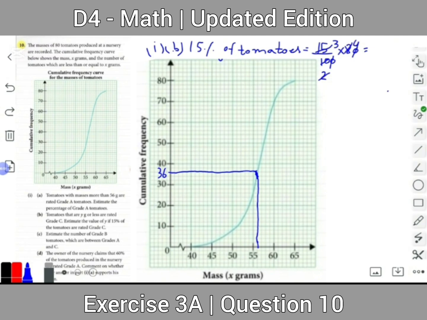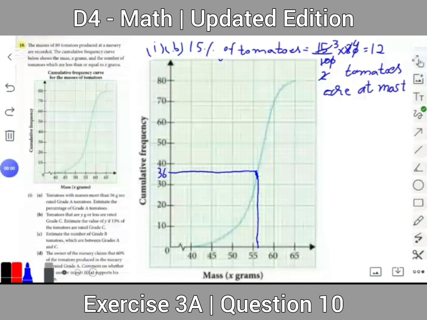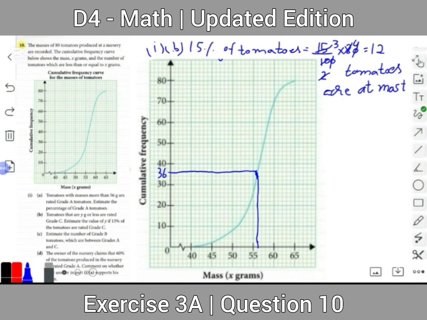So 3 multiplied by 4 is equal to 12. So 12 tomatoes are at most Y grams.